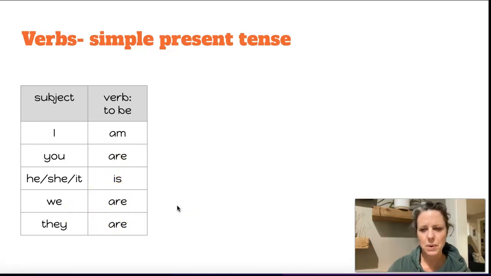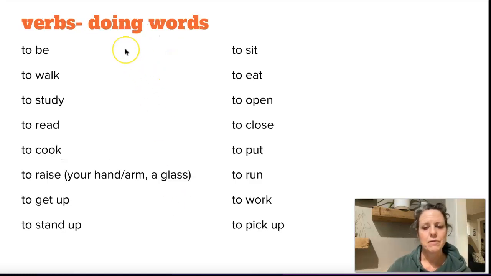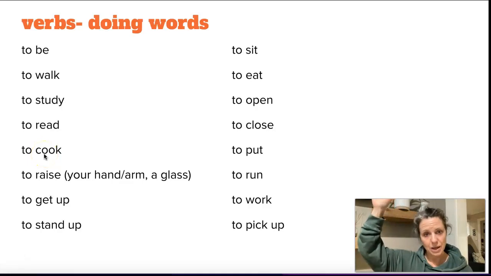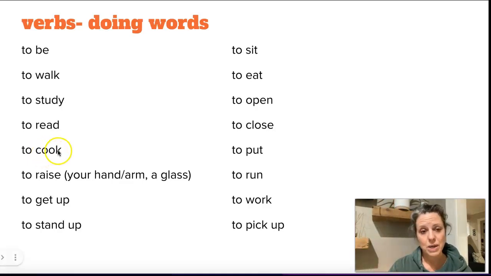So let's talk about other verbs. Verbs are doing words. They're action. They make something happen. So, to walk, to study, to read, to cook, to raise your hand, or you can raise an arm, raise a glass, to get up, to stand up.